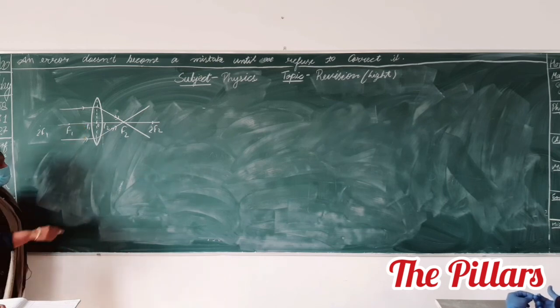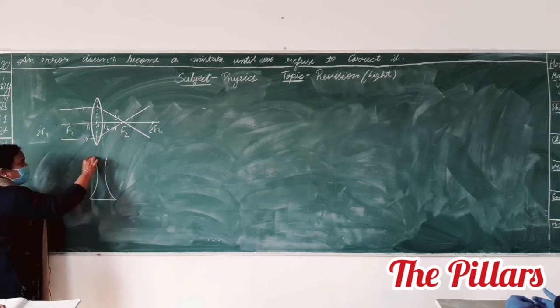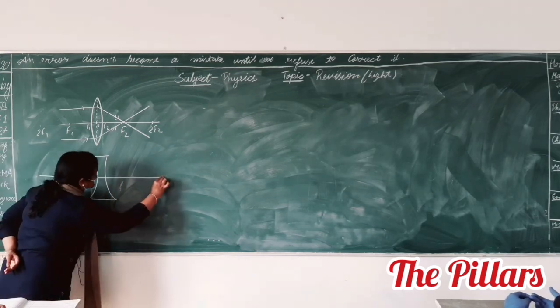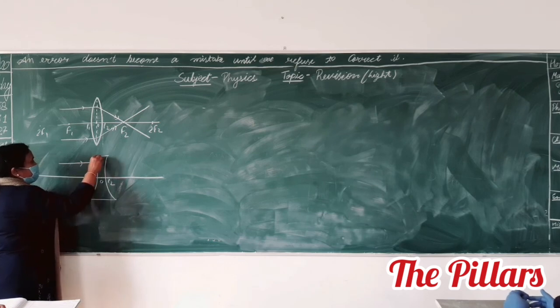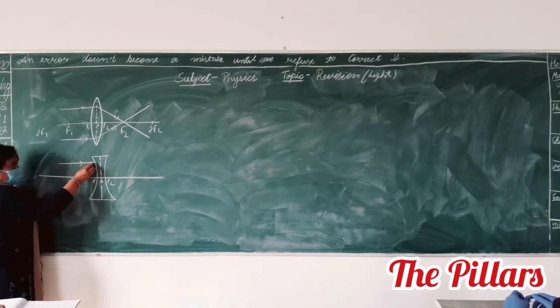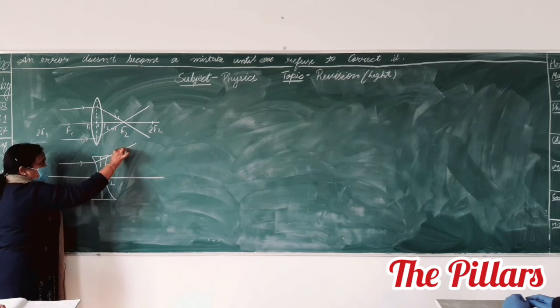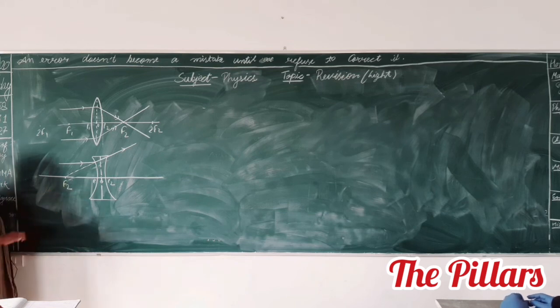Okay. Now, when we talk about concave, this is the principal axis, optical center, P1, P2. Light rays traveling parallel to the principal axis, after refraction, appear to come out from a point on the principal axis, and this point is known as F2.